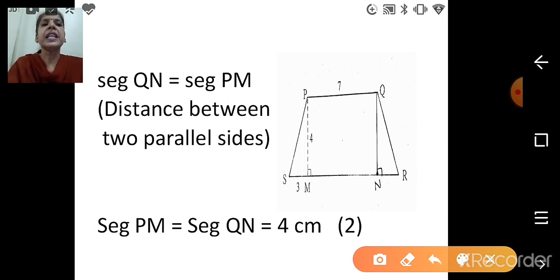Now we say they are equal in length also. PM equal to QN, 4 centimeter. This number helps us understand the problem, and the length of both is 4. PM is 4, it is given. Now QN has also become 4.